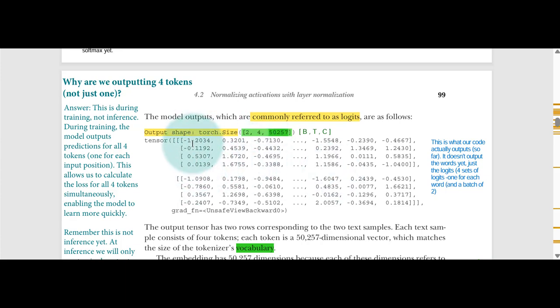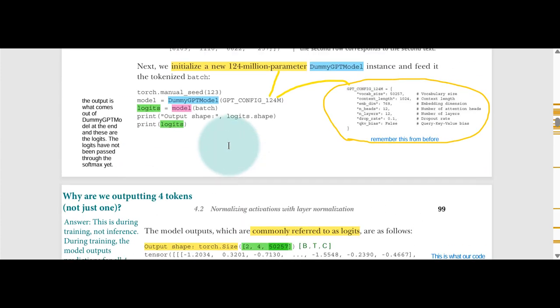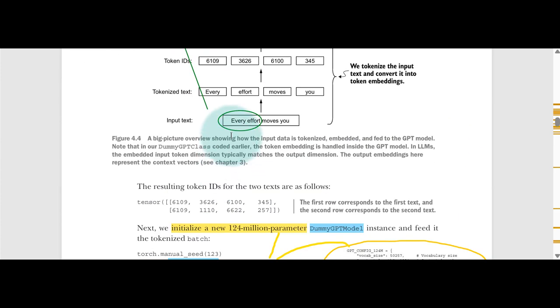The number of rows is 4. So each row stands for a token, but each token has an embedding. Now, it's not the same kind of embedding that we had with the inputs.